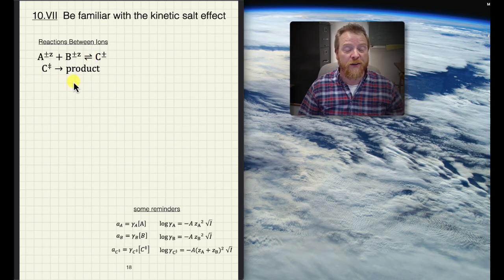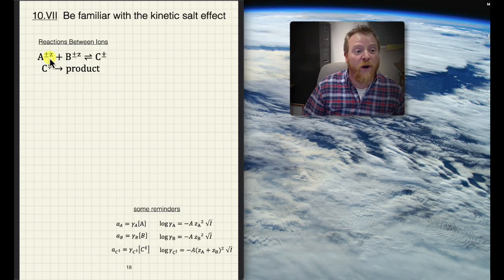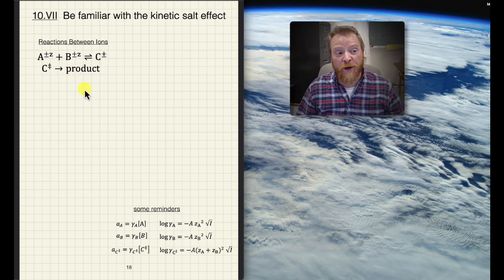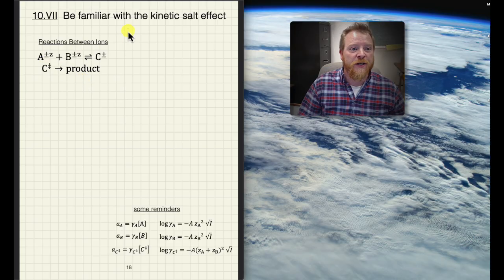This is our same transition state theory reaction where an A and a B can react to form some transition state, and that transition state can get kicked back out to reactants or can go forward into products. The only difference being now, you can see there are charges. So plus or minus Z is the charge of the ion.